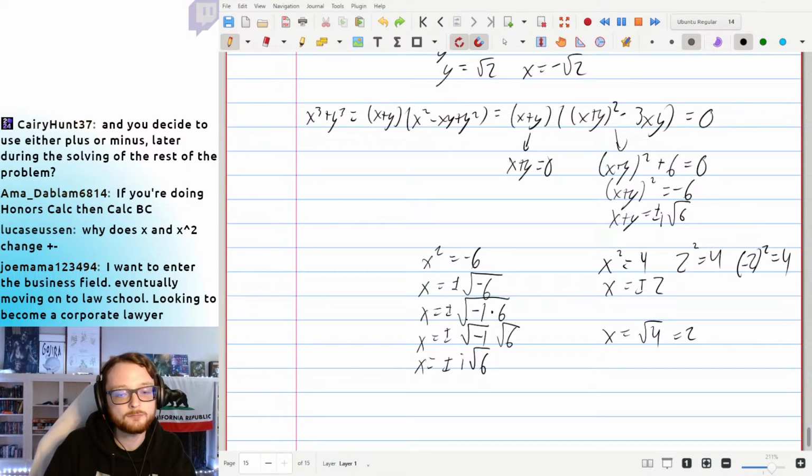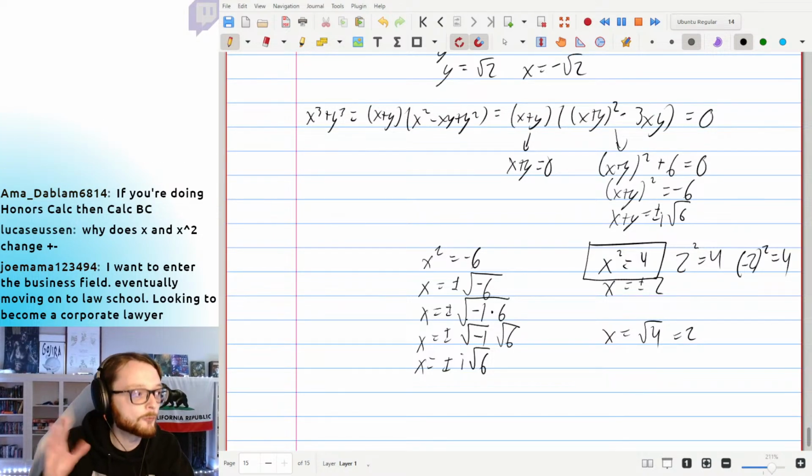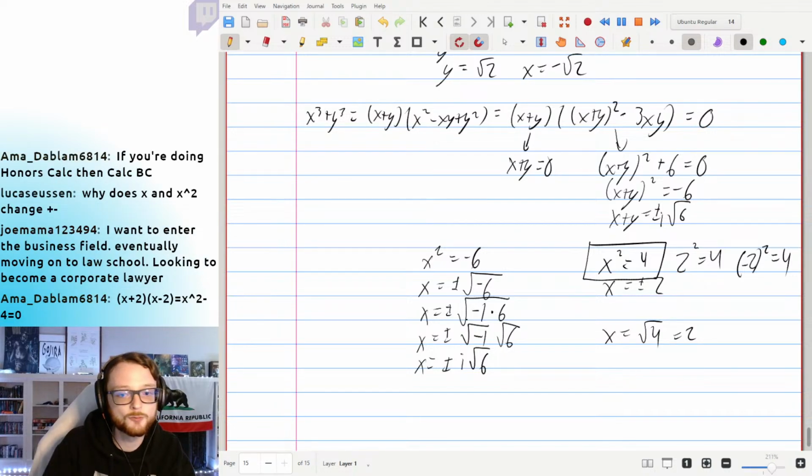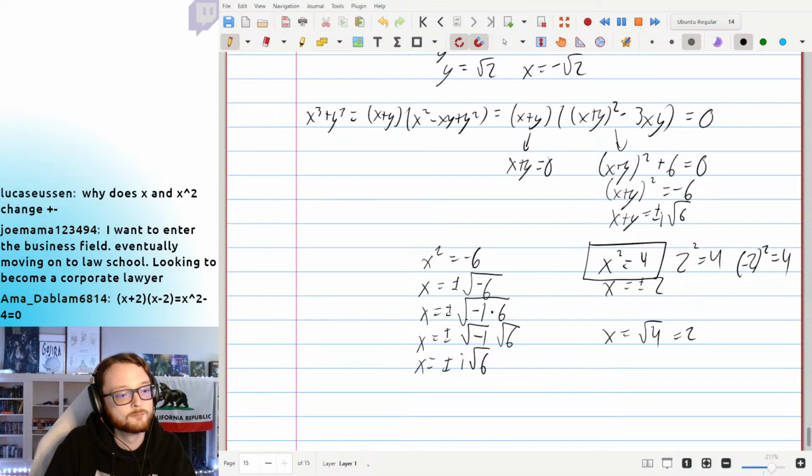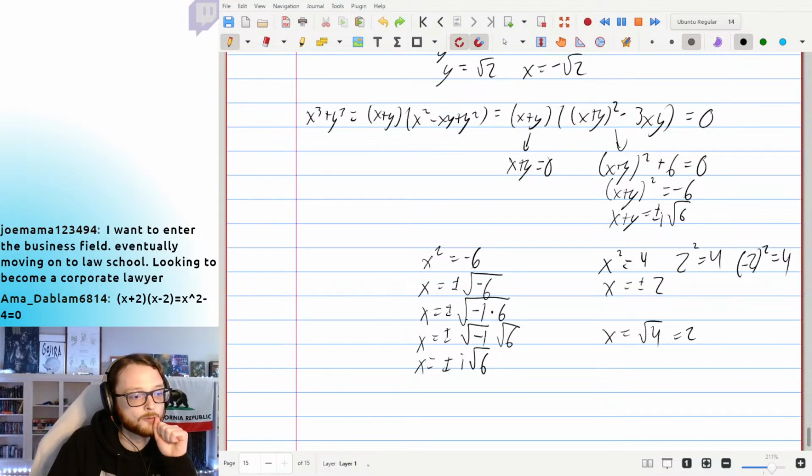And it's because of the exact thing that I've shown here, which is if you know that x squared equals 4, 2 does satisfy that equation, but negative 2 also does, and you can't leave off negative 2 just for fun. It also works equally as well. So you're missing out on solutions. If you take the square root of each side of an equation and you don't do the plus or minus, you're missing out on solutions.